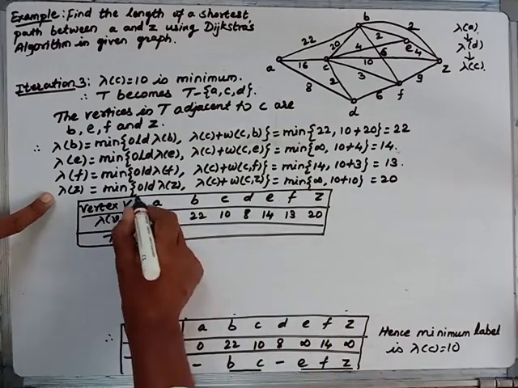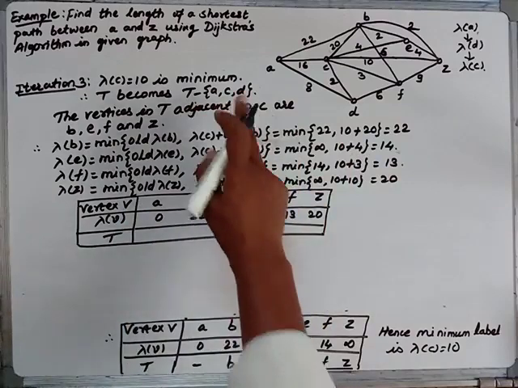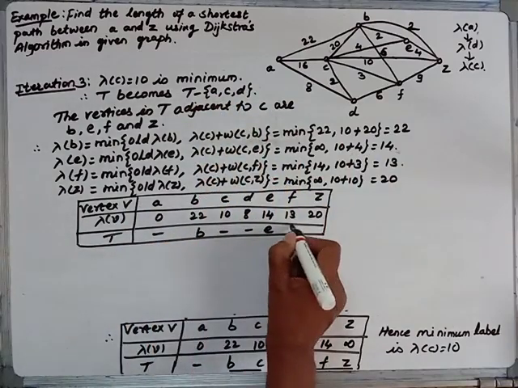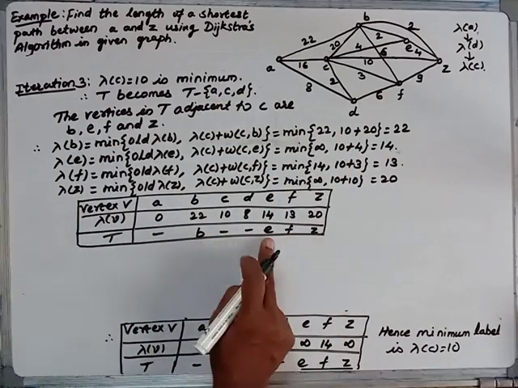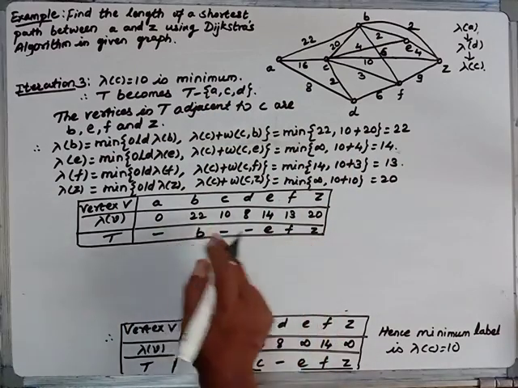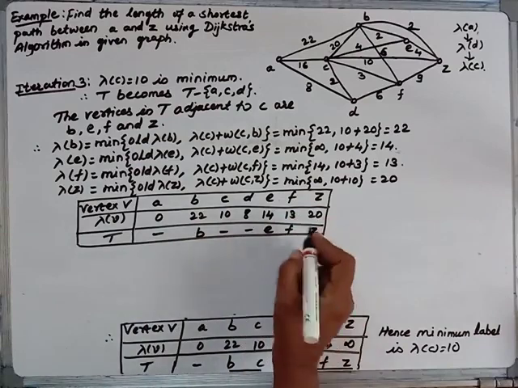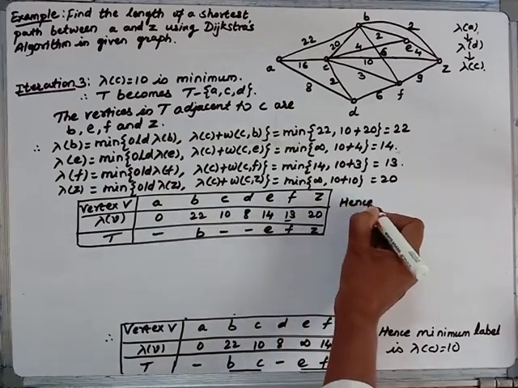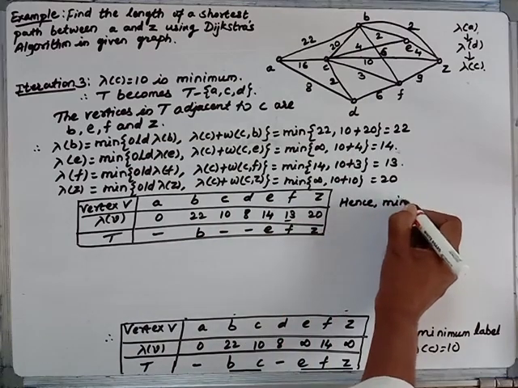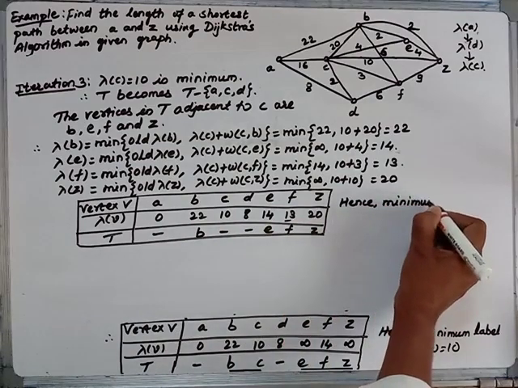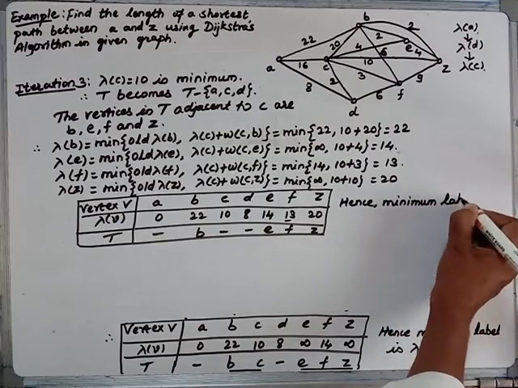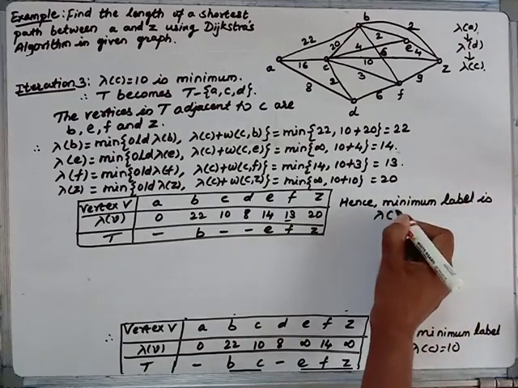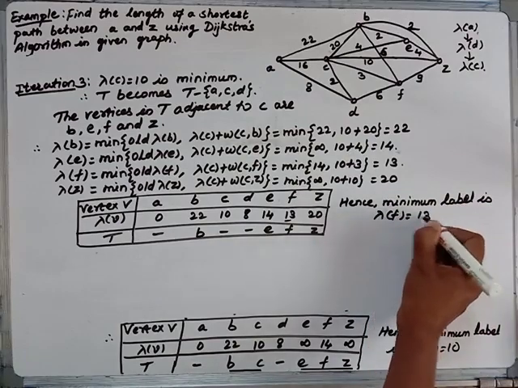What is T? T becomes everything except A, C, D. So B, E, F, Z. What is the minimum among B, E, F, Z of lambda? 22, 14, 13, 20. So this 13 is minimum. So hence the minimum label is lambda of F, which is 13.